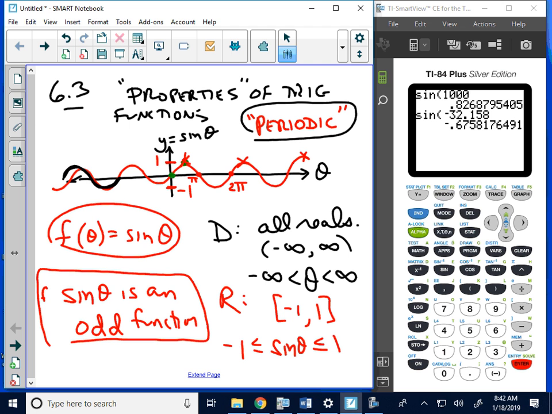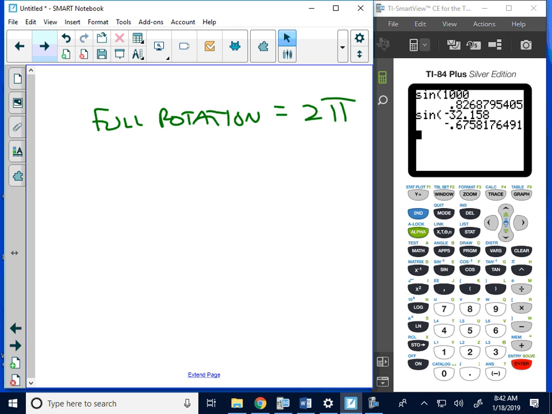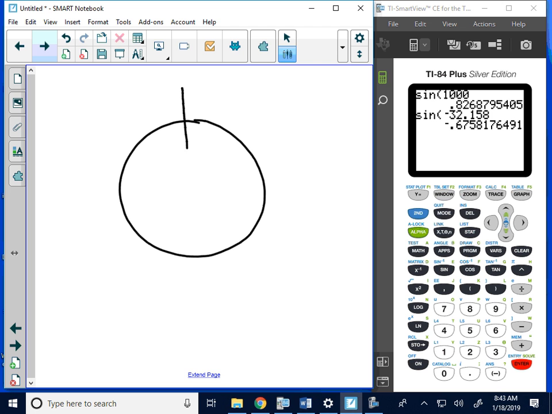How about f of theta is equal to the sine of theta is an odd function. Let's go back to the unit circle for a minute. So let me just throw a picture of a circle and think about angles, because we're doing theta is an angle.